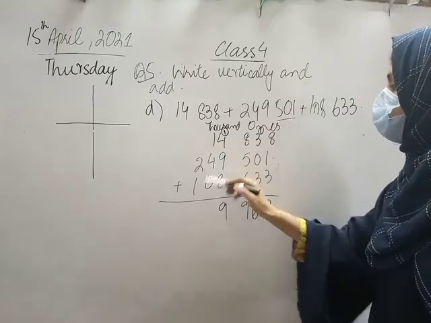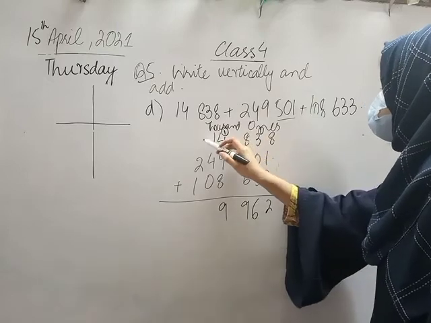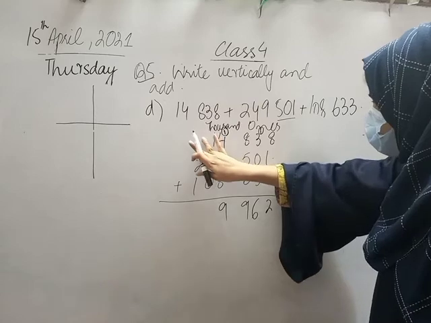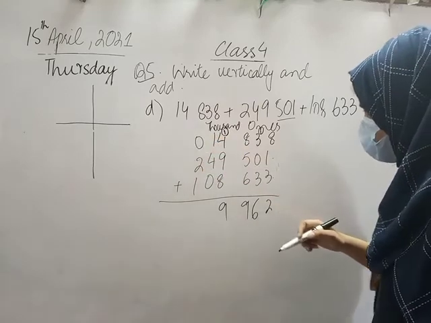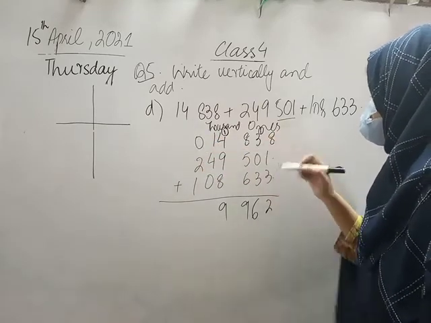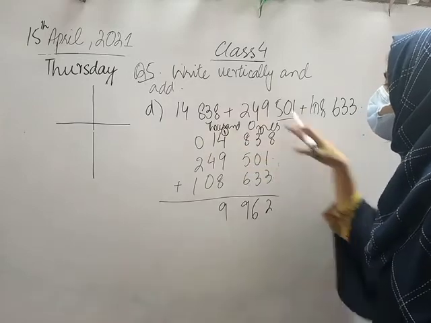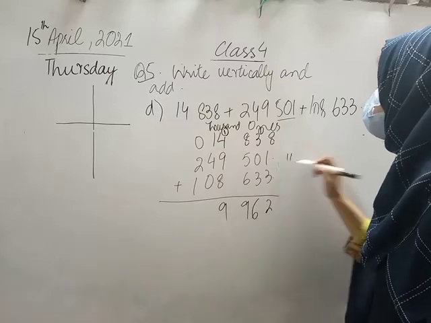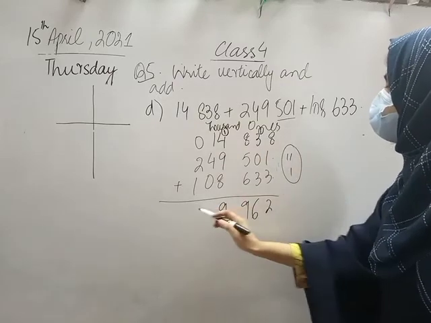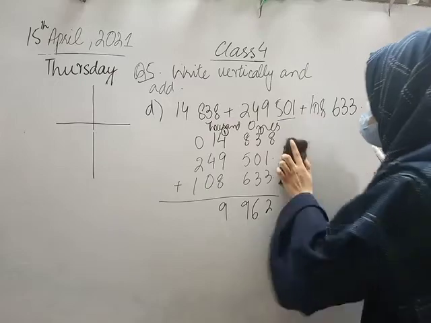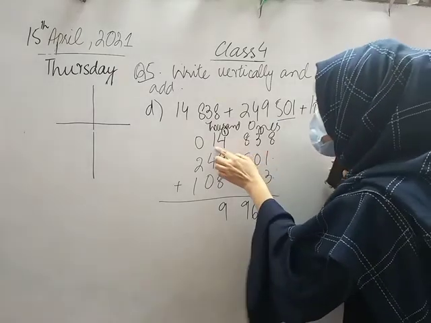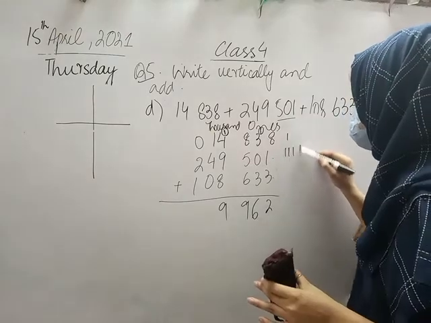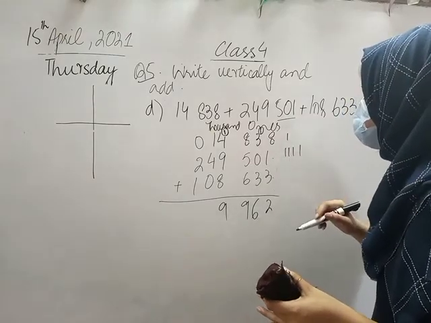Now 2 plus 1. Here there is no value now. For upper we have no value, so we will write 0 for balancing these numbers. Okay. So 0 for upper, 2 for middle and 1 for lower. So in total I have 3. The next number is 1 for upper, 4 for middle and 0 for lower.